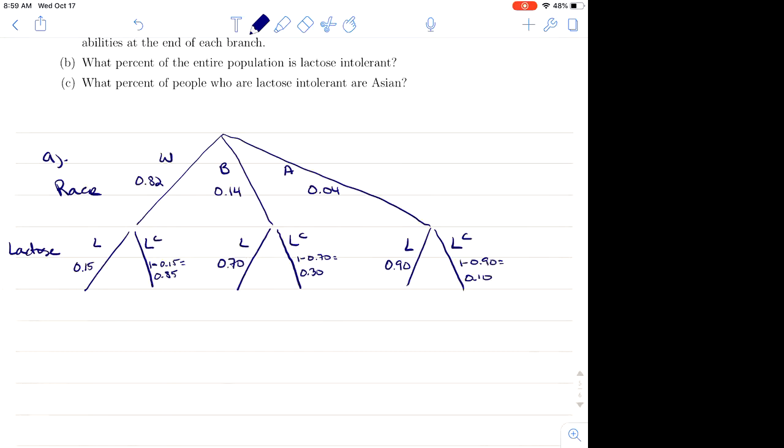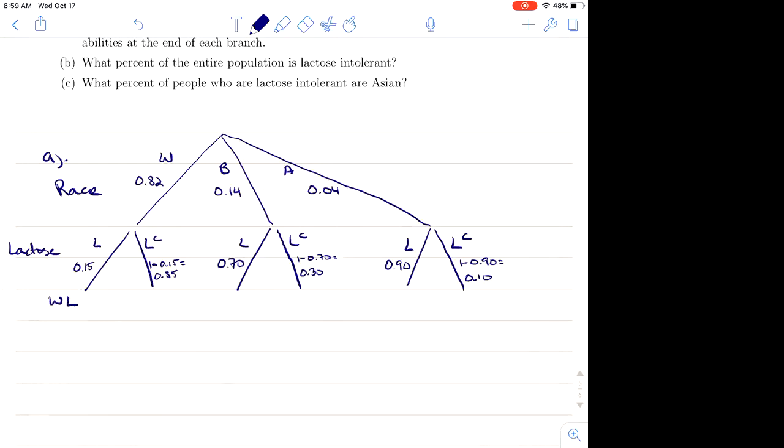So what we didn't do before, but I found a video that I really liked, and so I'm going to start doing it too. At the end of each of these branches, right, I'm going to list the outcomes. So what happened at the end of each branch? So first we have WL, right? So here we first picked a white person, and then we found out they were lactose intolerant.